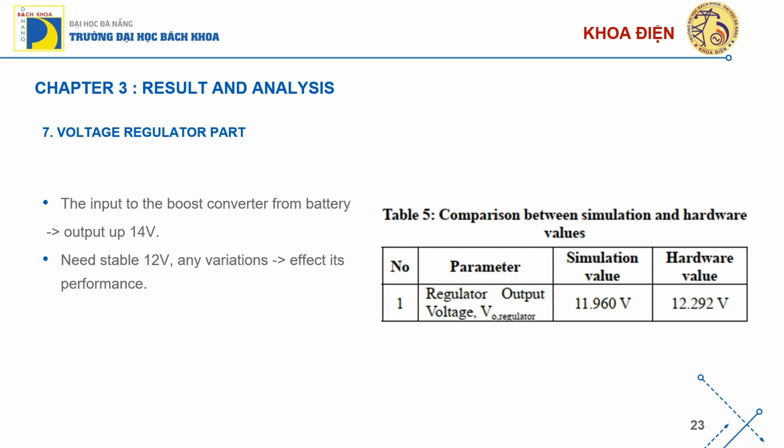This is crucial because the boost converter is designed for 12 volt input, and any variations could affect its performance. The output waveform from the IC is stable and is close to 12 volts, close to the target.